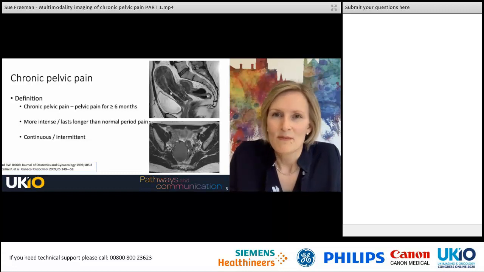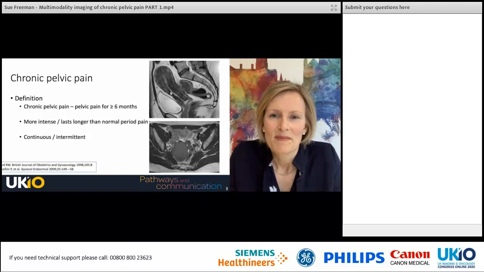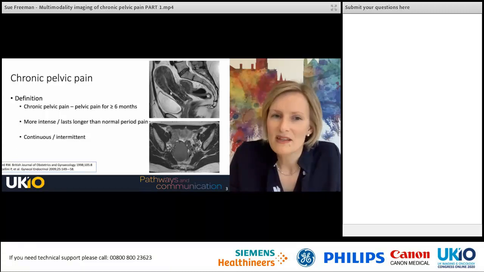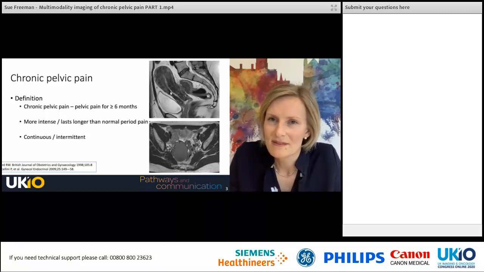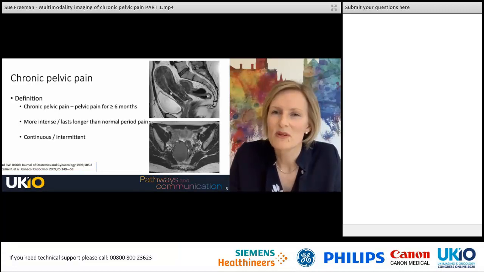That's fine, but what if the patient had pelvic pain for 5.5 months? Period pain more intense than a normal period, perhaps longer than a normal period. That seems to make sense. It could be continuous or intermittent. And I think many would also include symptoms which are severe enough to interfere with a woman's quality of life.